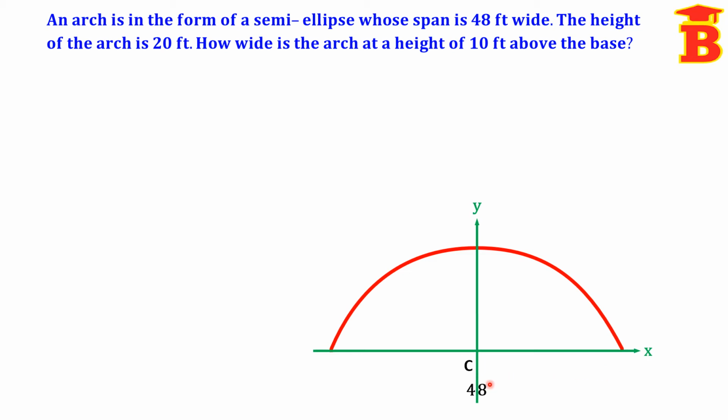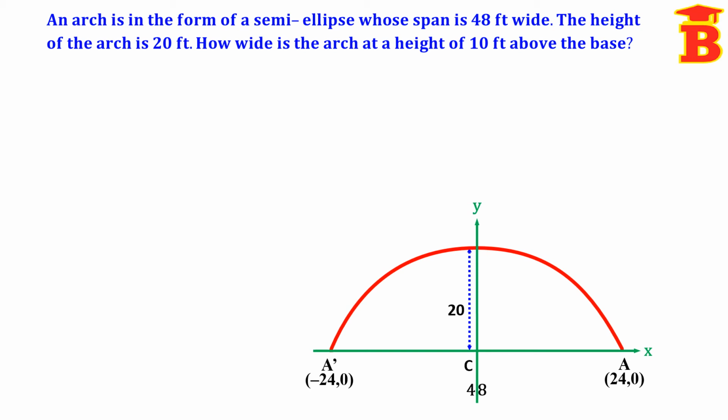So on the right side we have 24 distance, and on the left side also we have 24 distance. We mark the points as 24, 0 and minus 24, 0. And it is given that the height is 20 feet. So this height is 20.